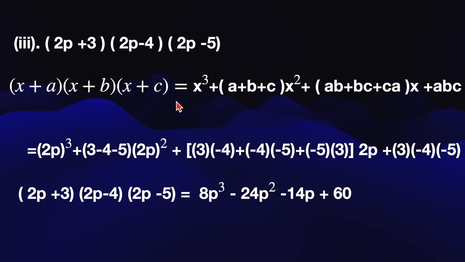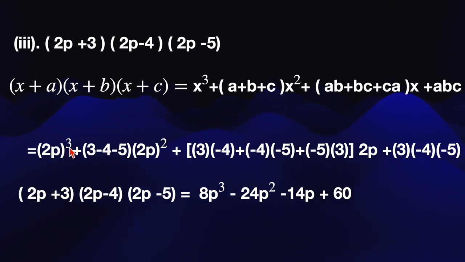So okay, what is the value of a? 3. B is minus 4. Be careful here with the signs also. And c is minus 5. And this x is 2p. So put down this value. Where x is, you should write down 2p.